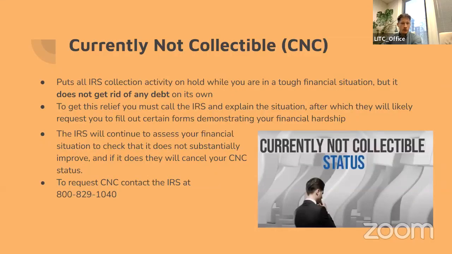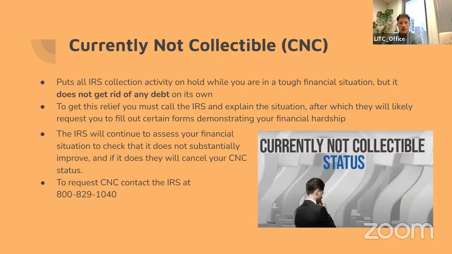Another potential solution is called currently not collectible. And as the name suggests, it means that the IRS will put a hold on collection activities on your account while you are in a difficult financial situation.